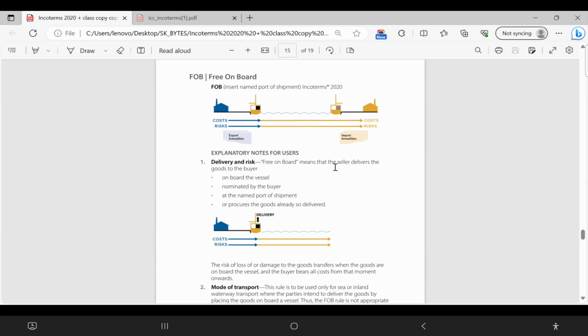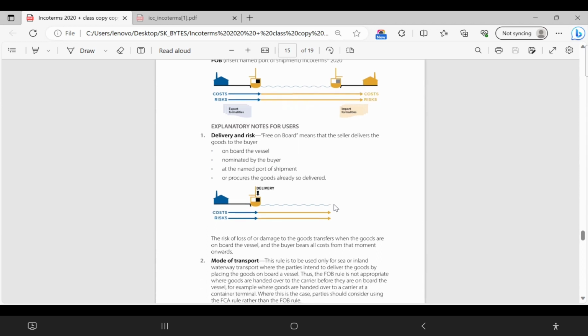So delivery and risk. Free on board means the seller delivers the goods to the buyer on board the vessel nominated by the buyer. The vessel is again nominated by the buyer. FOB is freight collect, at the named port of shipment, or procures the goods already so delivered.